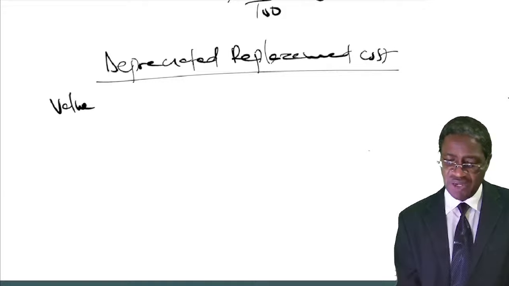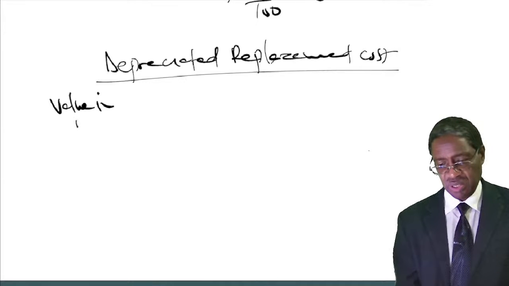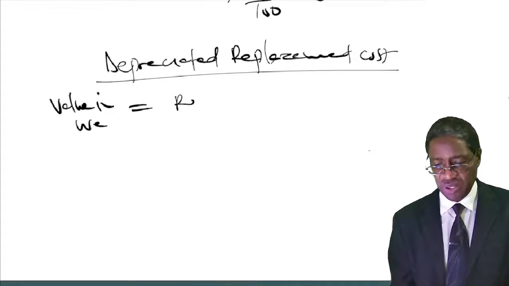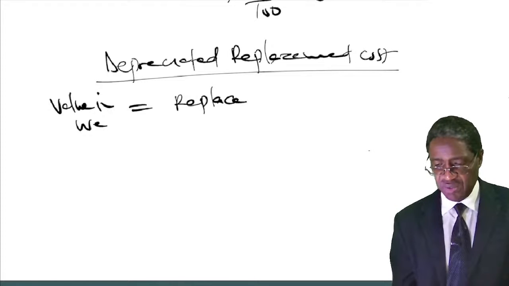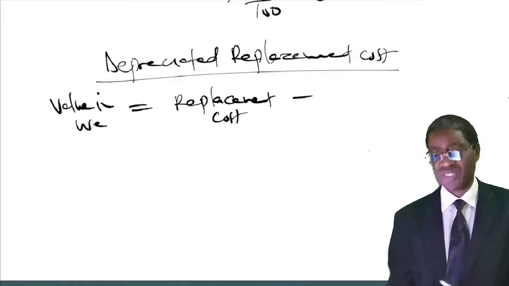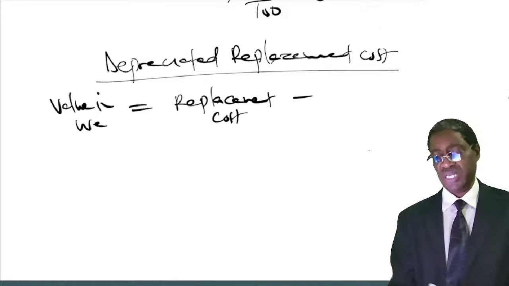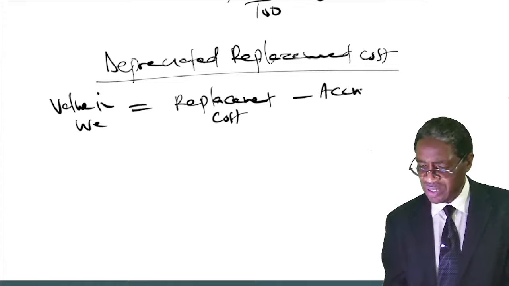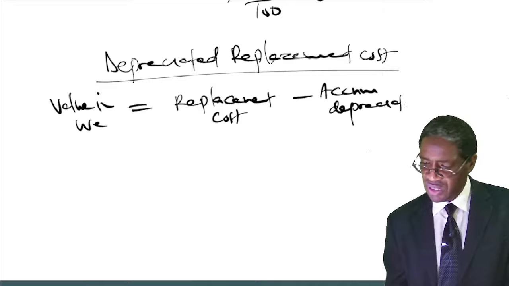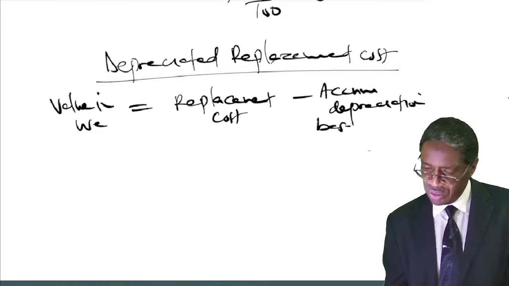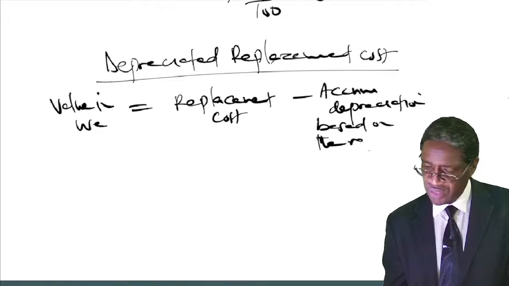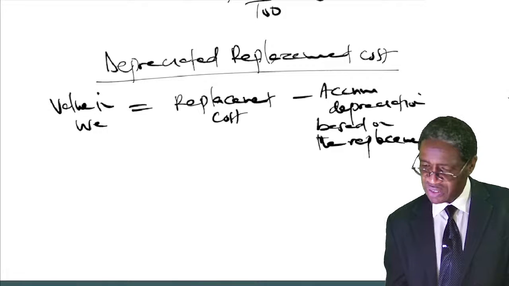Your value in use equals replacement cost minus accumulated depreciation based on the replacement cost.